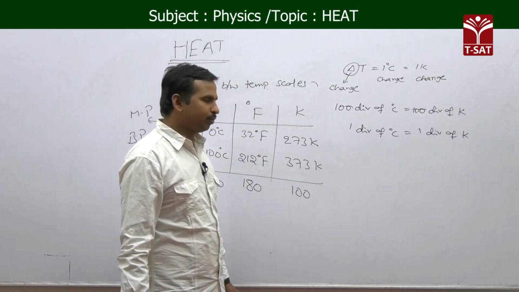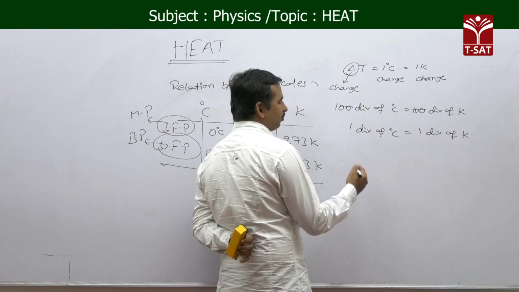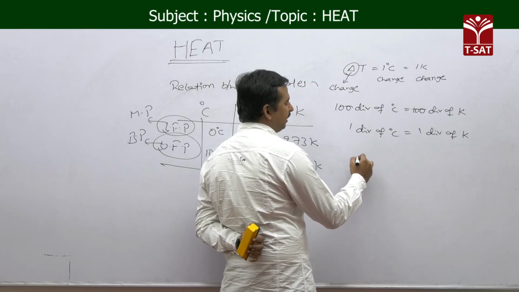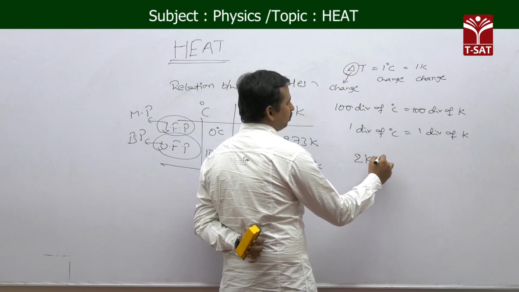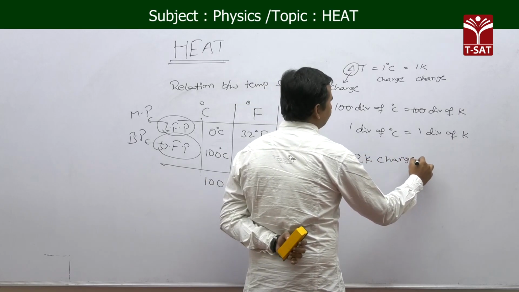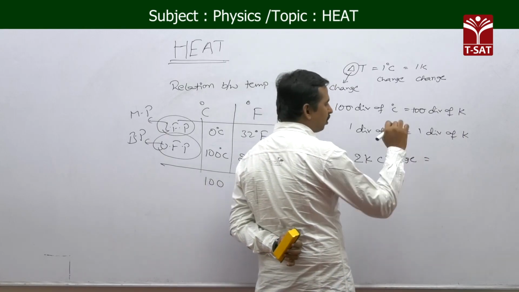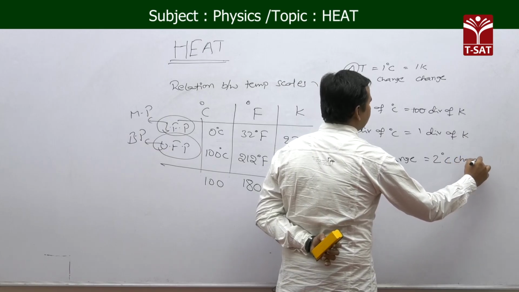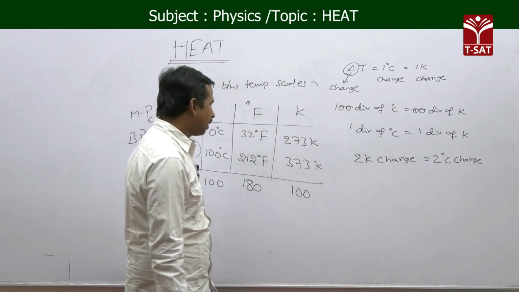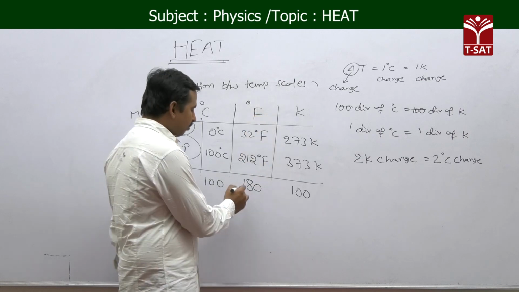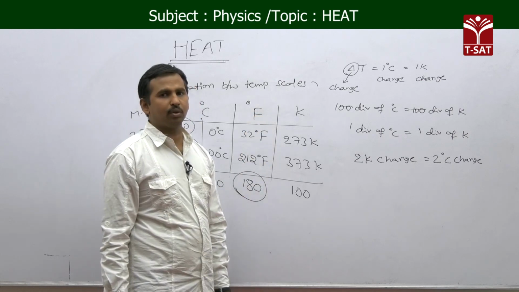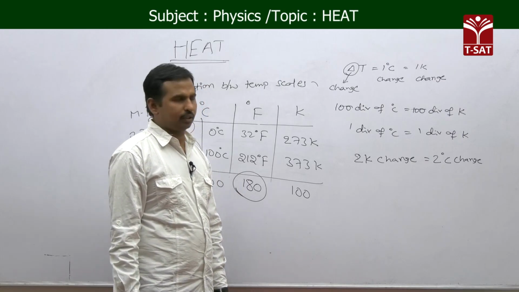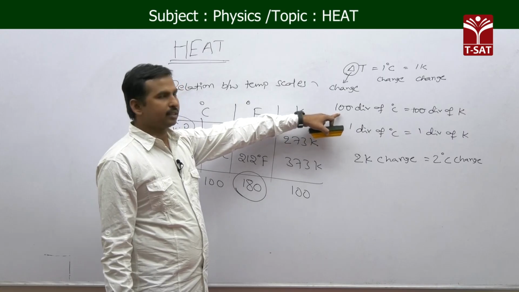For example, on the Kelvin scale, if there is an increase of 2 Kelvin, then on the Celsius scale we have the same change, a 2 degrees Celsius change. But in the case of Fahrenheit, the number of divisions is more, about 180, so it is not like Celsius and Kelvin.